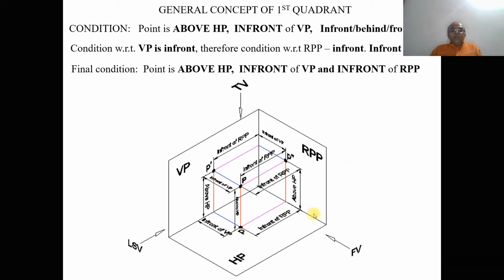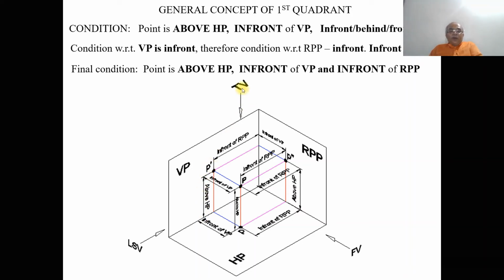So what is the condition? When you look from the front view, I can see the distance of the point capital P above the horizontal plane. Since the image will always be seen in the vertical plane, I can see the distance above HP on the vertical plane. You can see here, the distance above HP is on the vertical plane.